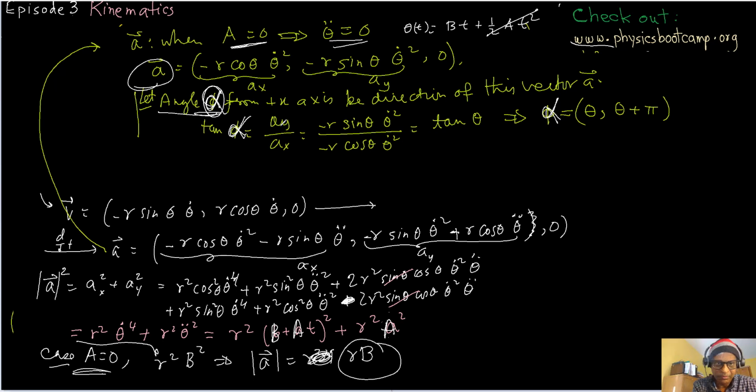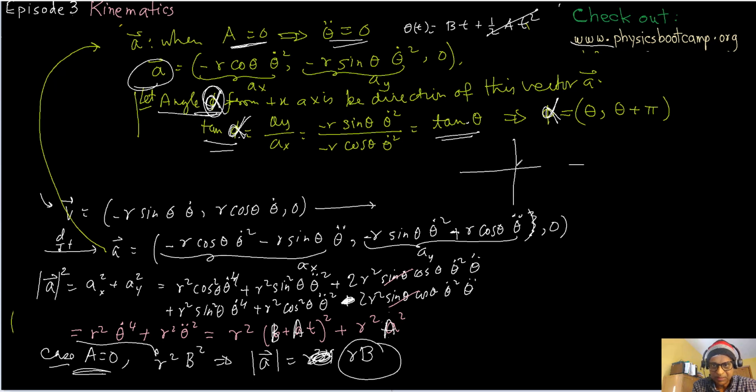And so after cancellation, it seems like tangent alpha is tangent theta, and you'd think alpha is equal to theta, but actually you have two answers.